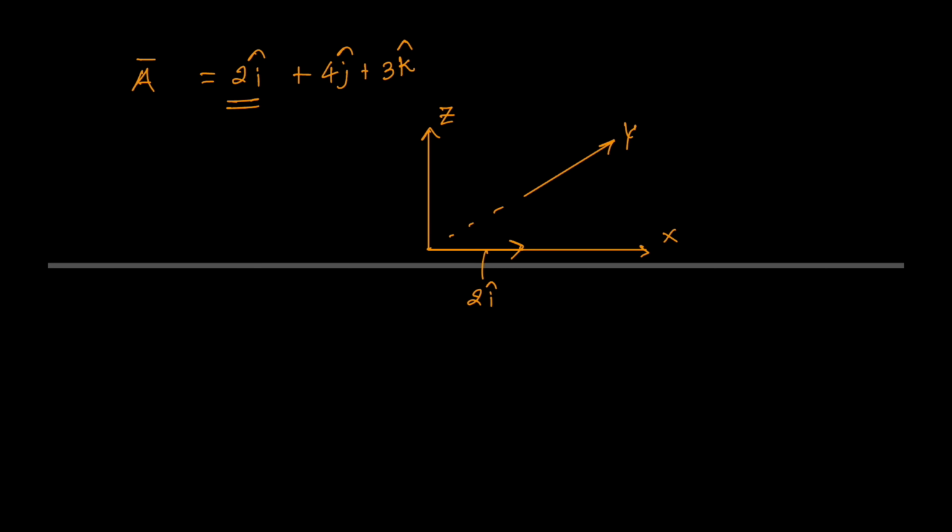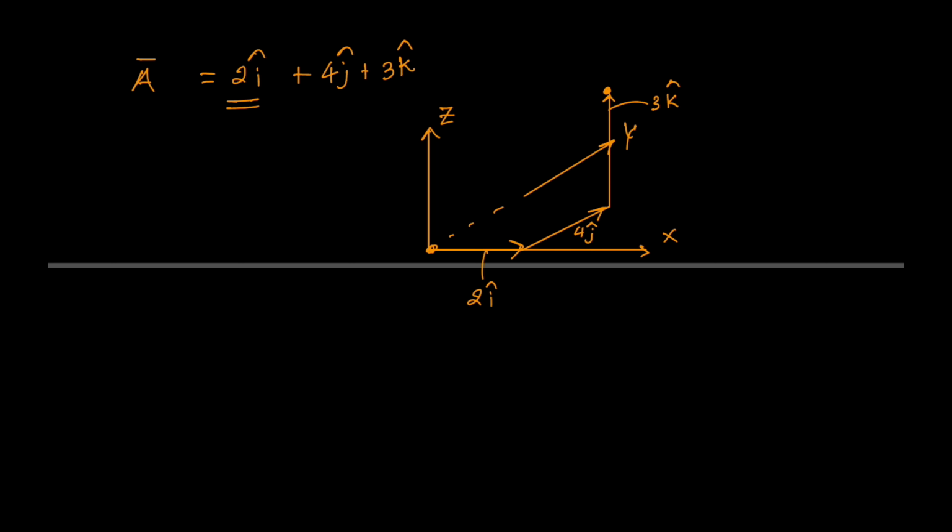Then you move along 4j vector, you reach here. 4j vector is parallel to y-axis. And then if you move along 3k vector, which is a vector along z direction, then from origin you reach this point.